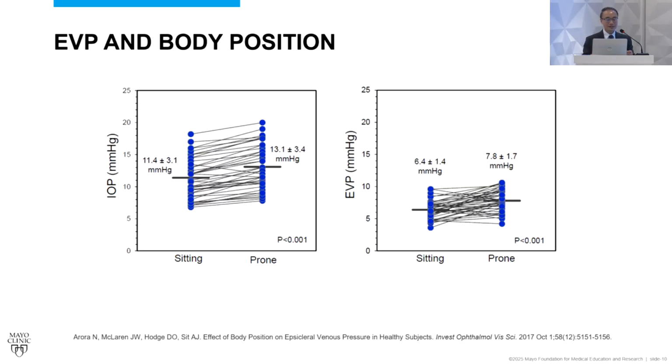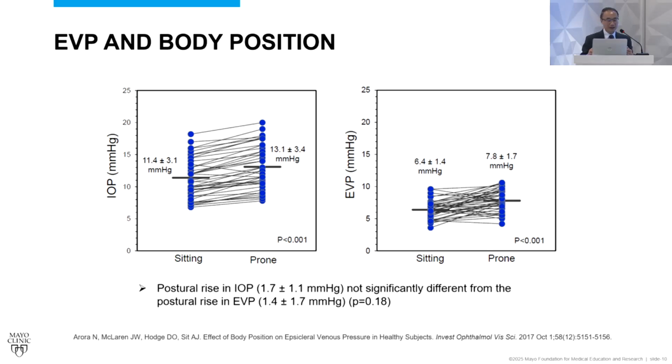What we found is that when the subjects go into a semi-prone position, their IOP goes up from a mean of 11.4 to a mean of 13.1, but their EVP goes up as well, from 6.4 to 7.8. That change in IOP is about the same as the change in EVP. So based on this, we think that the positional change, at least in the steady state, in IOP is due to the positional change in EVP.